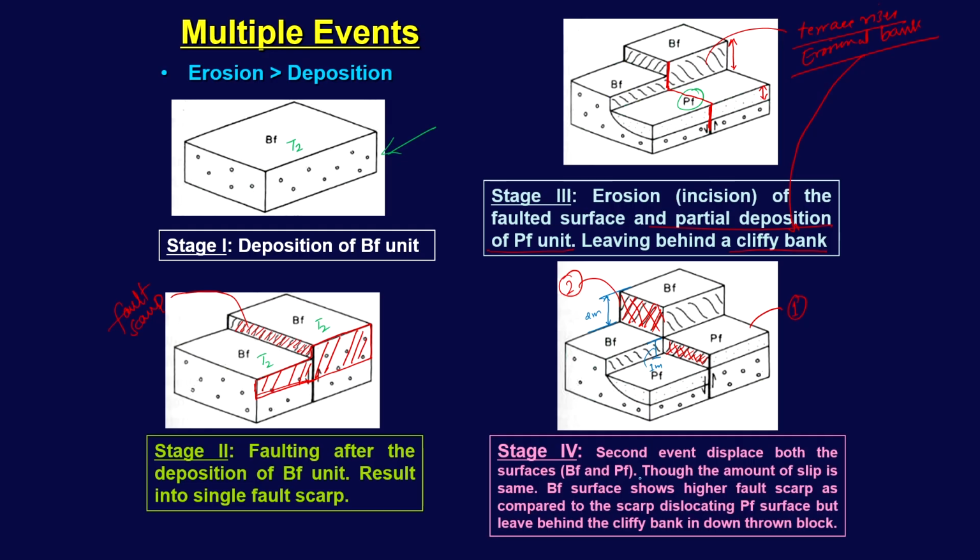So what it says is that though the amount of slip is the same, BF shows a higher fault scarp as compared to the scarp dislocating the PF surface, but leaves behind the cliffy bank on the down thrown side. This part again we need to keep in mind when we are looking at the variation in height of the fault scarps in the field, and also the variation in the terrace risers.